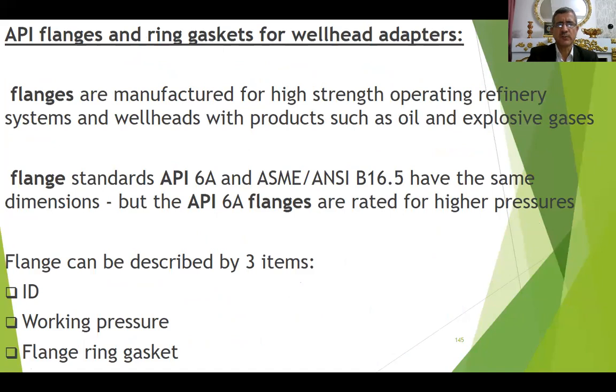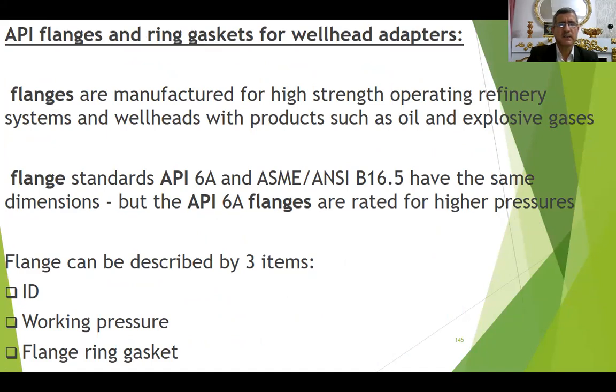API flanges also. What are the types? What does it mean? They give us the type, the number, working pressure, ID, and the flange ring gasket. We have three. Flange can be described by three items.